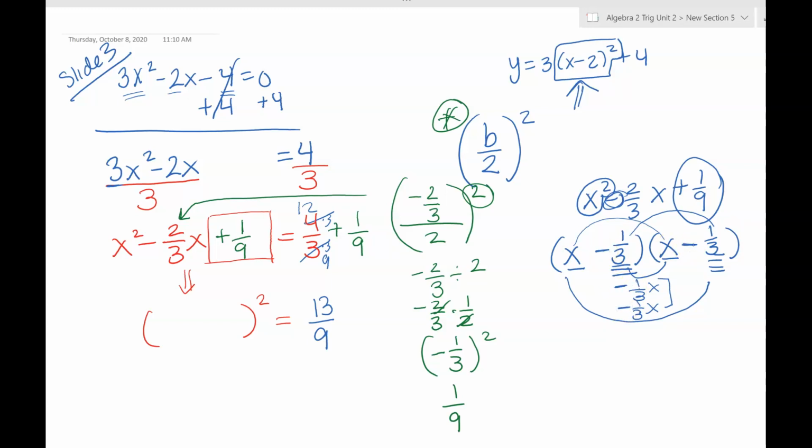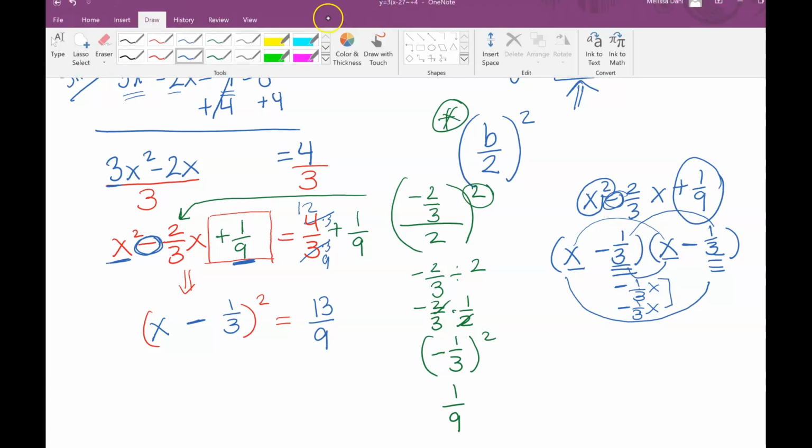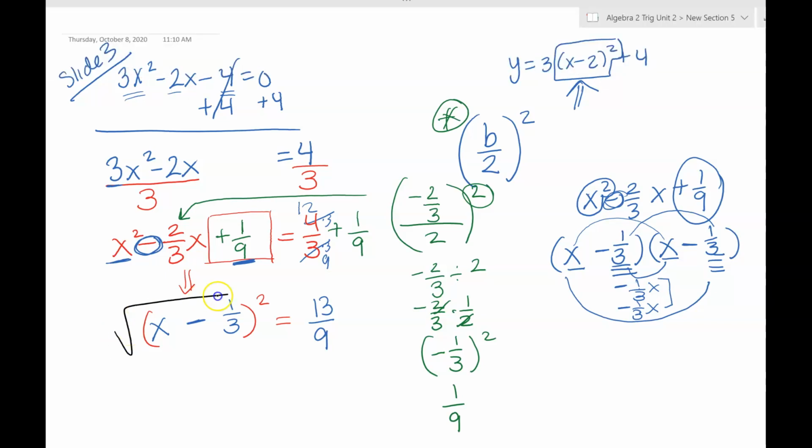And that's how we would factor this. So a little bit shorter process, if you understand it well, is I know the beginnings have to be x due to that. 1/3 would be the number squared to make 1/9. And since I'm making negative terms in the middle, I would use a minus sign here. So I'm going to square root both sides.